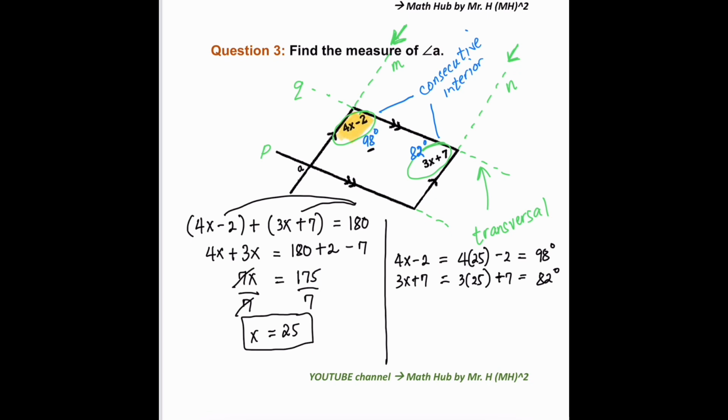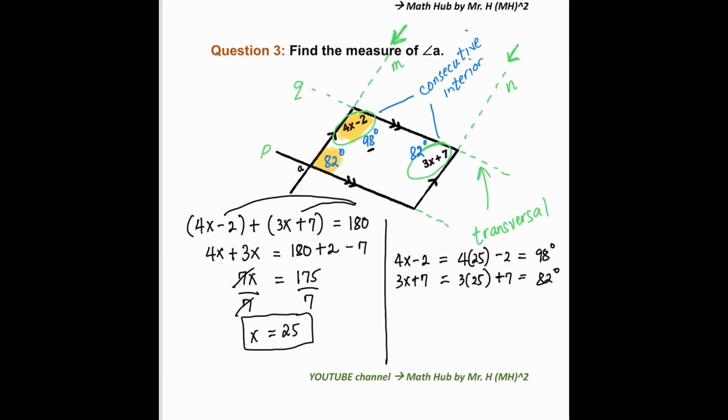Applying the concept of consecutive interior angles, this one, let me highlight in yellow, will be equal to 82 degrees as well, because consecutive interior angles sum to 180.